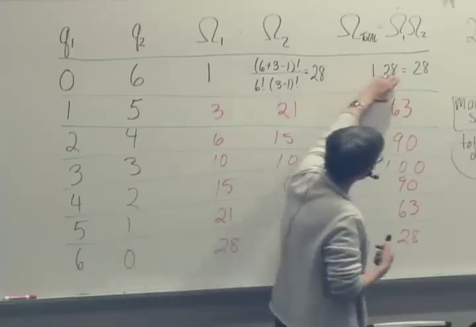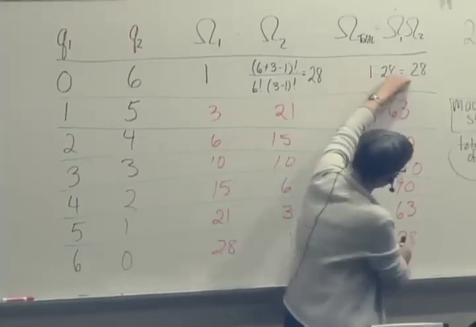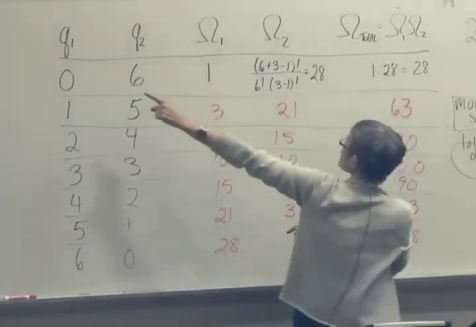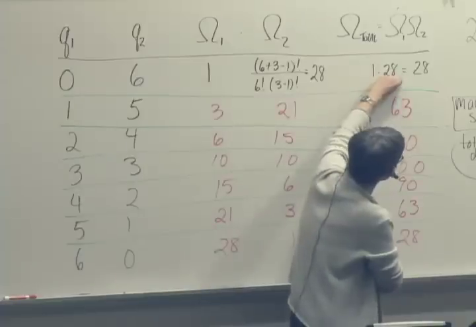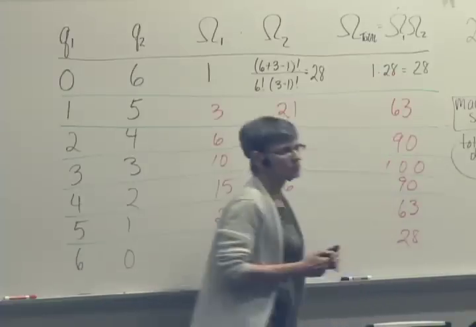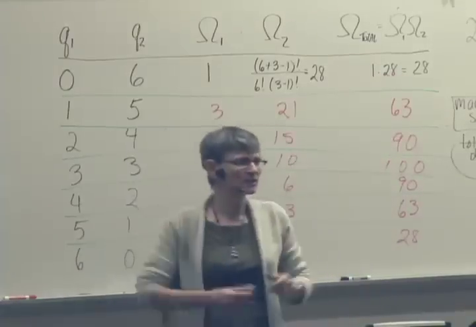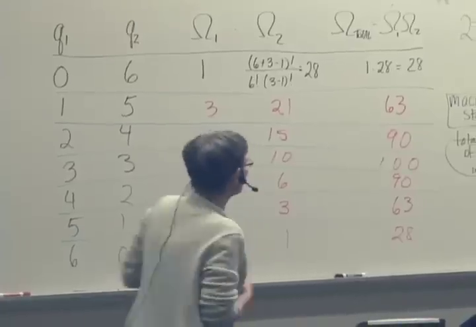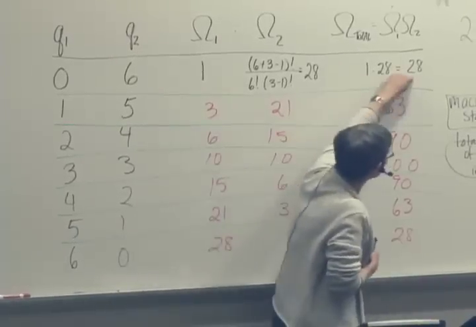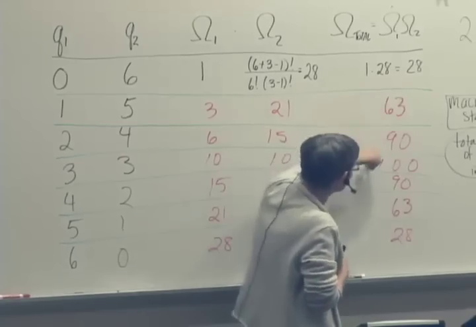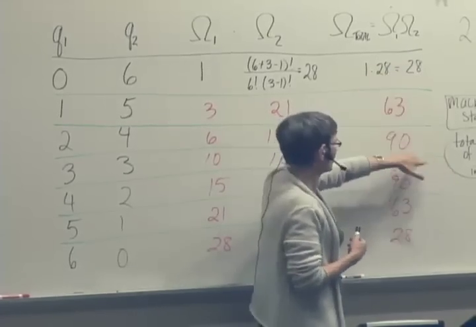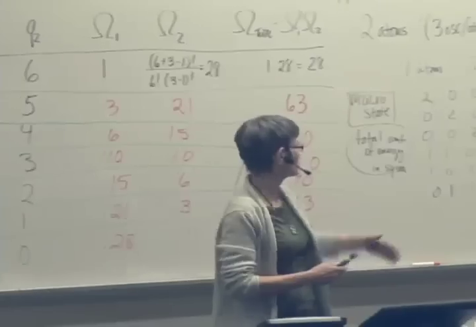So in the end, there's 28 ways to put 0 quanta in one and 6 in the other, but there are 100 ways to put 3 and 3. And if each of these 28 ways is equally probable, and each of these 100 ways is equally probable, then we're going to see this more than that.